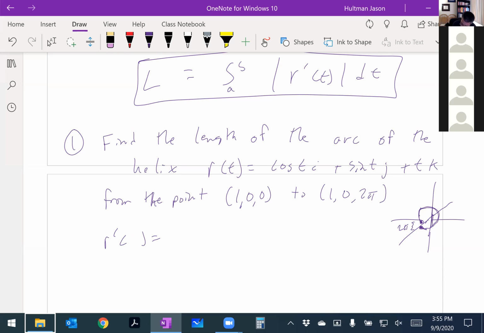Well, what is t going from? t is really my z component, my t times k is z. That means that t goes from 0 to 2 pi. That's good.